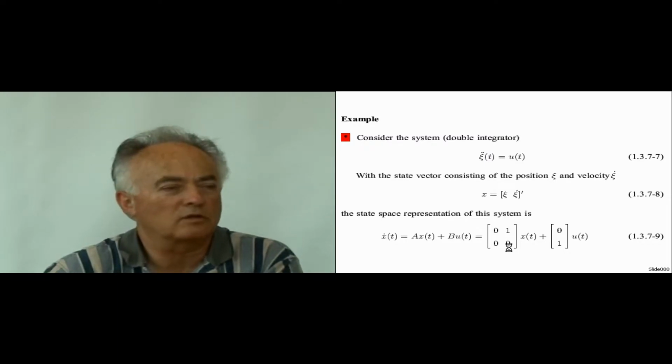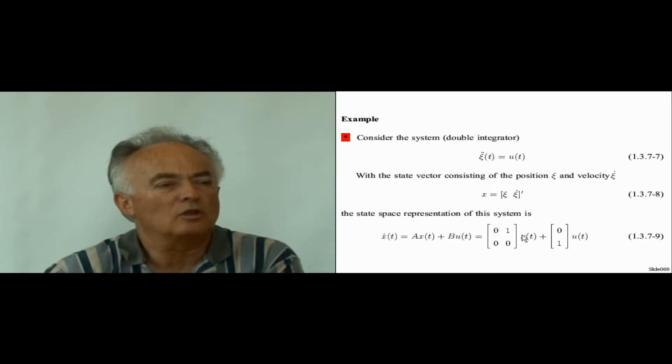The transfer function is 1 over s squared in the Laplace domain. And the input u enters into the second component. That is really the original equation number 7 we have here. This is the second equation that we have, because this is the derivative of the velocity.